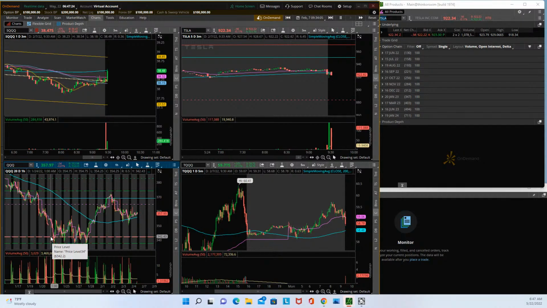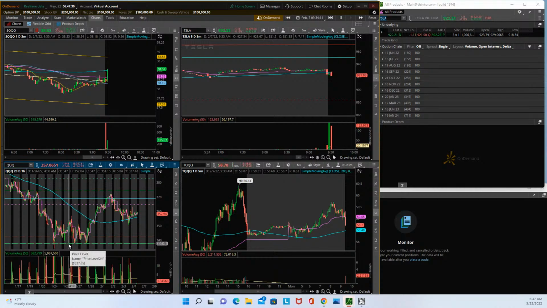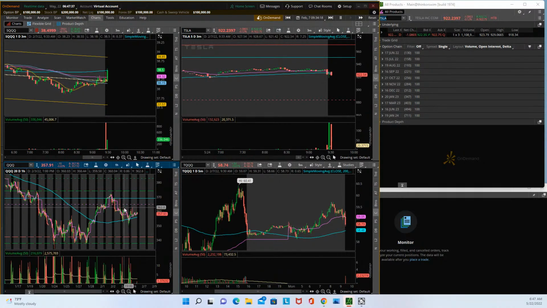And I have these other lines that I've drawn out here. But obviously this one, 340, 338 would be another key level. And to the upside, we have this 361. You see those points there. We would have to get above that to say, okay, we want to really be bullish.